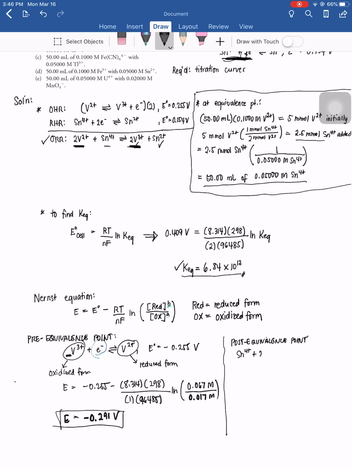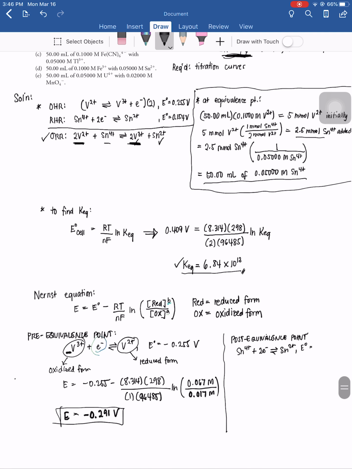So, I'm writing now what we have looked up in our table C.5. So, E0 here is 0.154 volts. Again in here, the reduced form is the one on the right side, and the oxidized form is the one on the left.